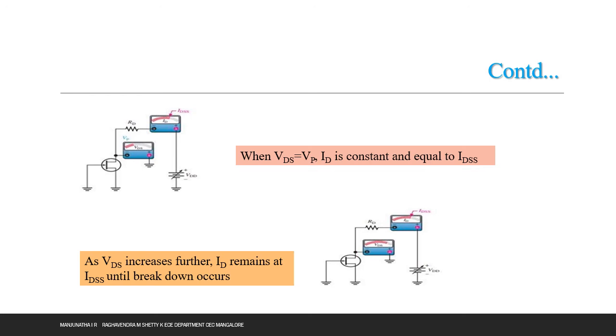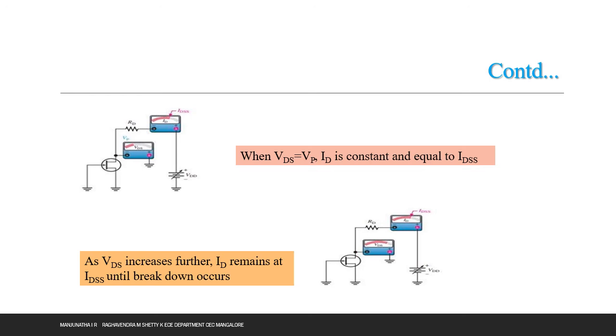Now further increase in the VDS, there is no change in the drain current. That we can again observe from the voltmeter reading and ammeter reading. Okay, and compare the voltmeter reading and ammeter reading with the first figure.